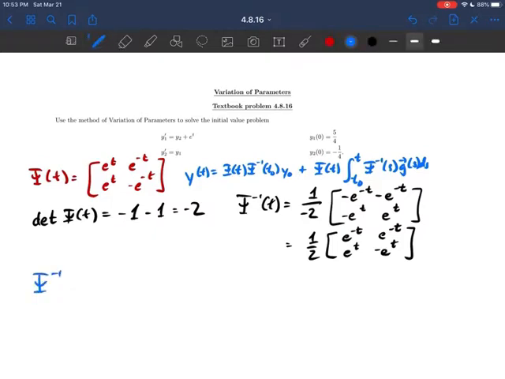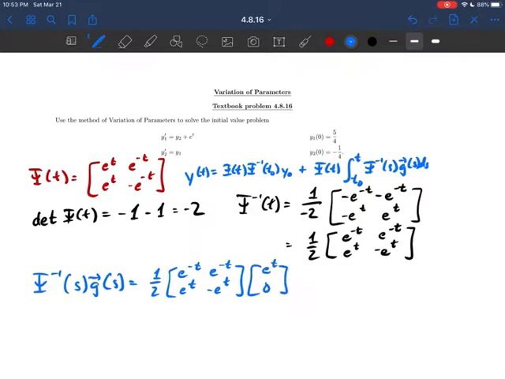So C inverse of s times g of s will be 1/2 times [[e^{-t}, e^{-t}], [e^t, -e^t]], times g, which is (e^t, 0). All right, we multiply that out and see what we get.